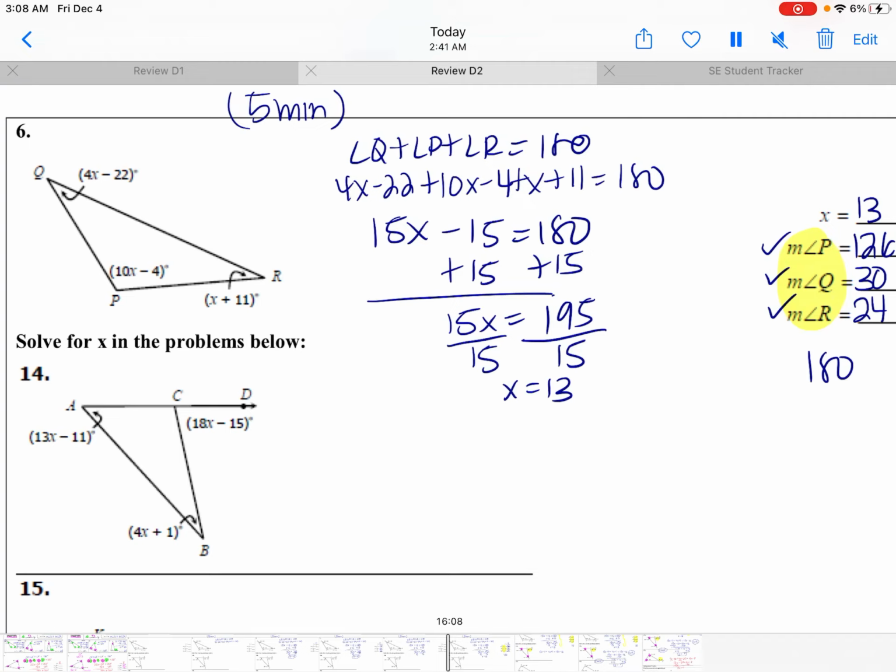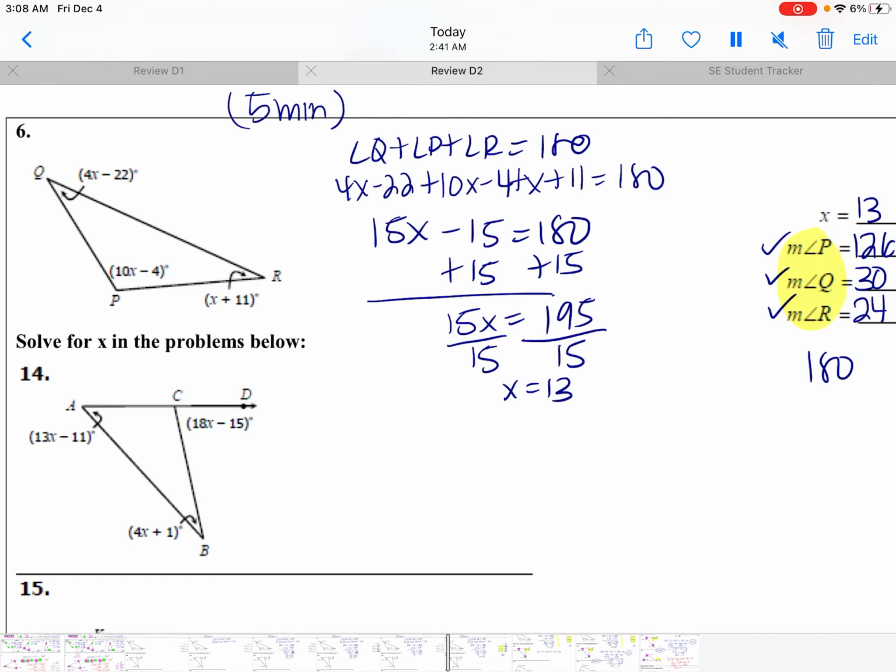When you add these three angles, the sum is 180, so you have done an excellent job. Make sure you copy these. If in case you got it wrong, Ms. Moreno, we can pause it for a little bit just so the kids can write it because they're expected to submit their classwork into the assignments as usual.